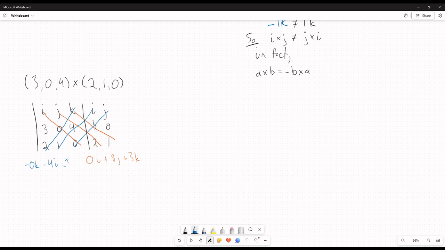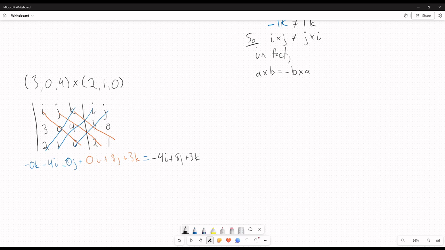Oh, sorry, minus 0j. There was a 0 there. Okay, which means that our final answer is going to end up being, well, for i, we'll have 0 minus 4. That's going to be negative 4i. For j, we'll have 8 minus 0, so that'll just be plus 8j. And then we'll have plus 3k.